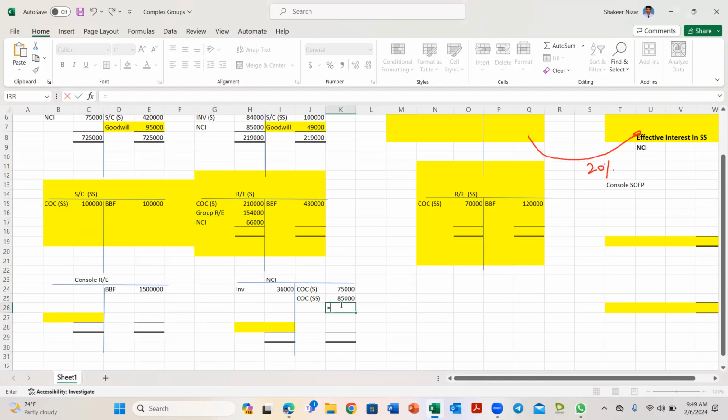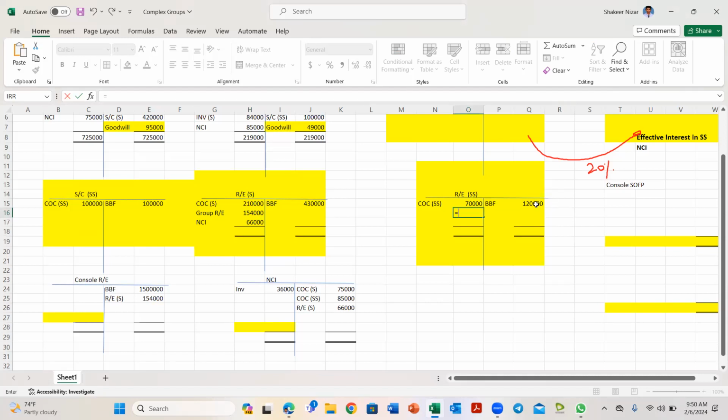NCI 66,000, retained earnings of S. And the remaining goes to group retained earnings 154,000, retained earnings of subsidiary, right?